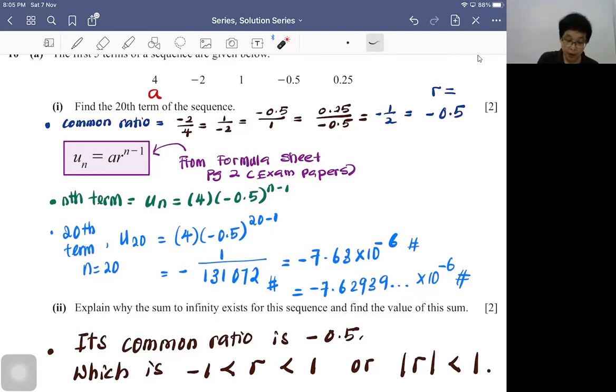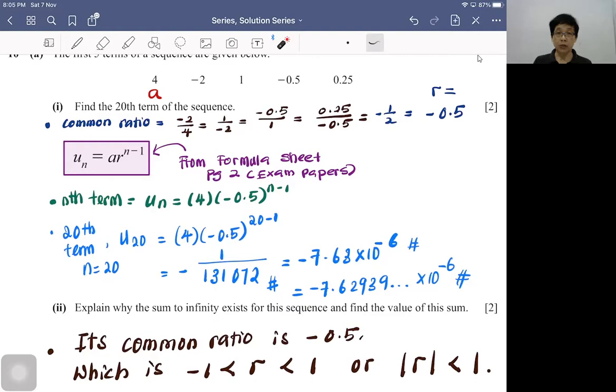Just put it down: the nth term for a geometric sequence is a multiplied by r to the power of n minus 1. Substituting a equals 4 and r equals negative 0.5 accordingly, you have got for yourself a nicely concise nth term for this series.